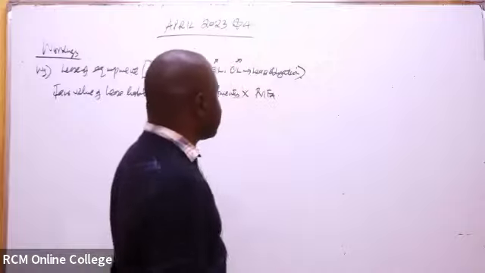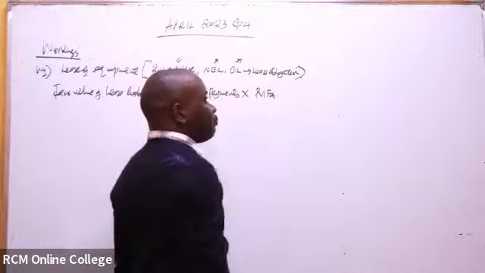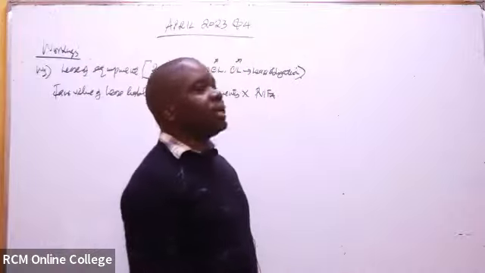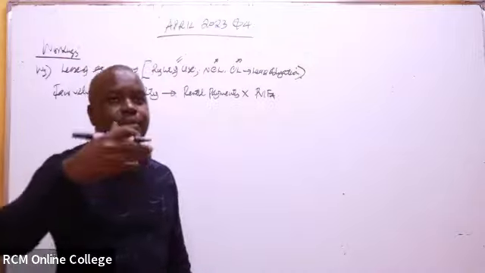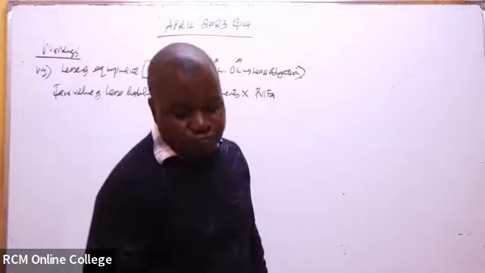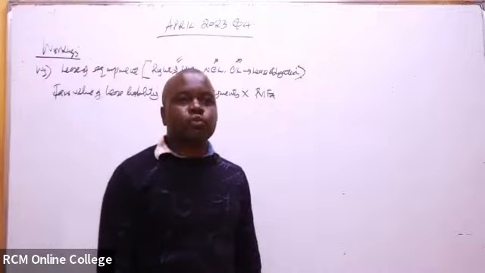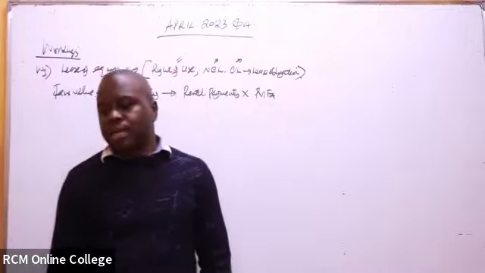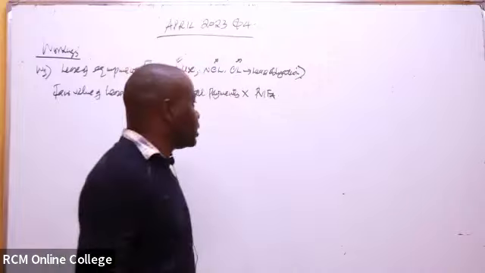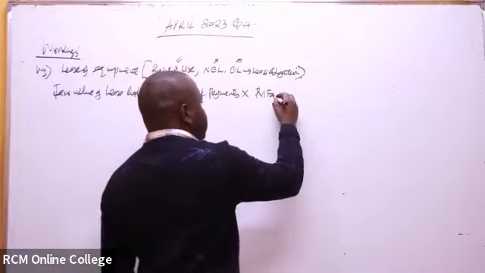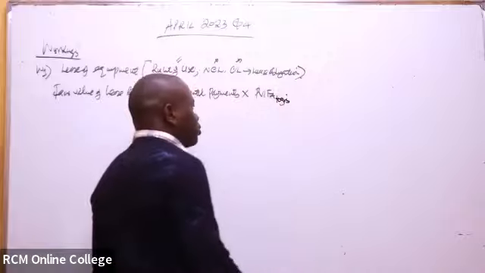So in this case, our N will be how many years? Our N will be 10, because it is semi-annually. So 5 multiplied by 2, the periods will be 10. You can take 10 years or 10.